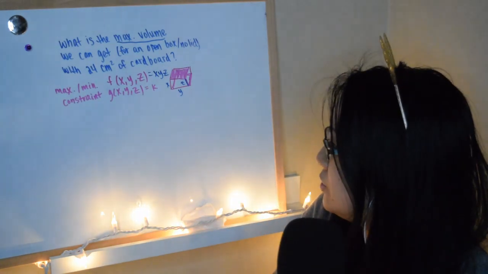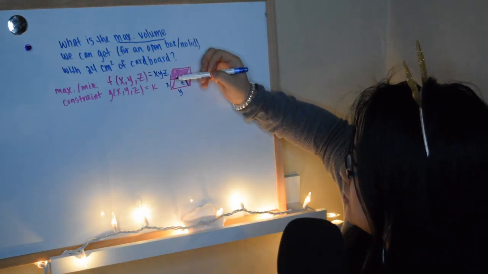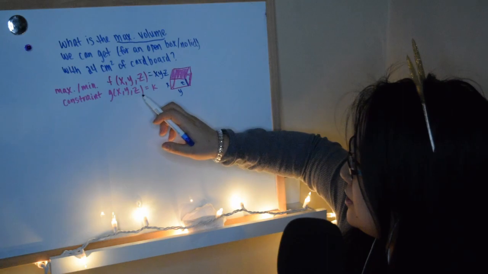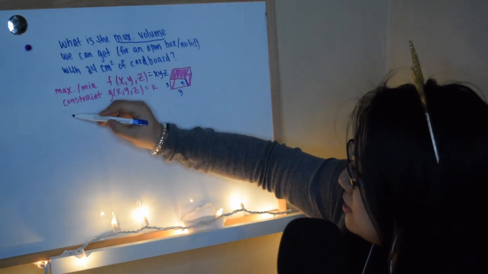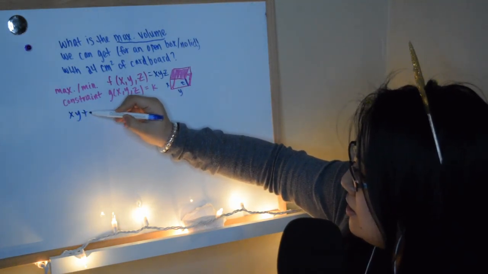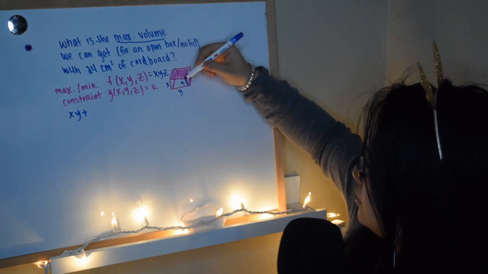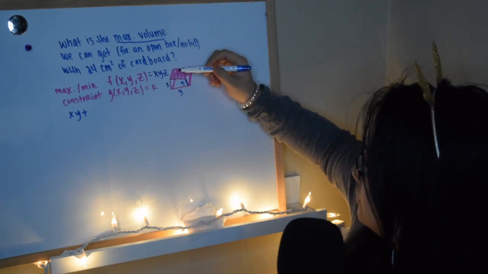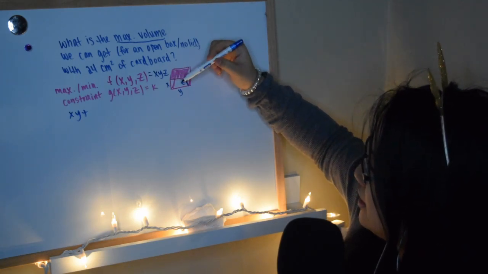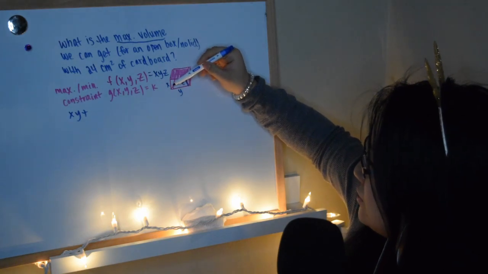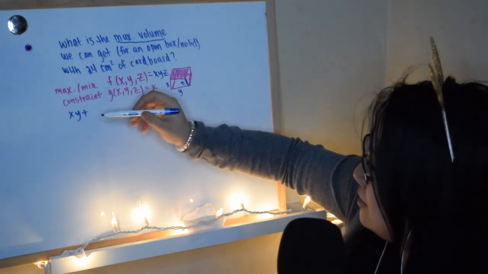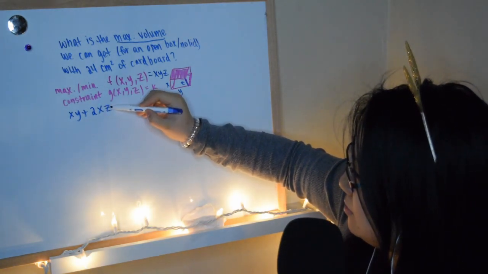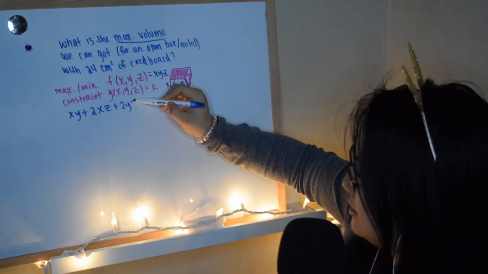So to get the surface area, we have our bottom. So g of x, y, z is going to be, our bottom is x times y, and then we have our two xz's for this side and this side, and then two yz's for this side and the back. That makes sense. So 2xz plus 2yz.